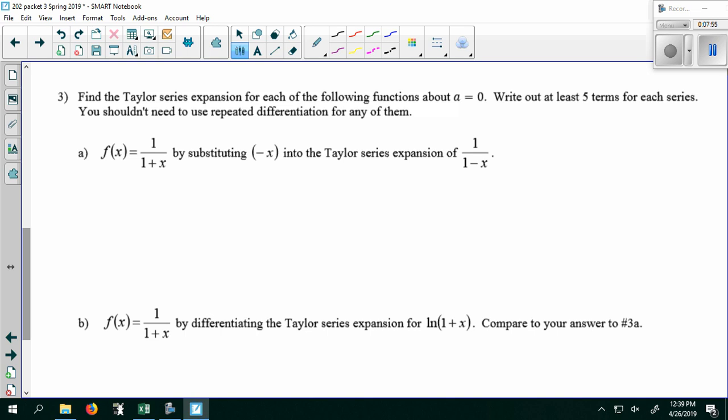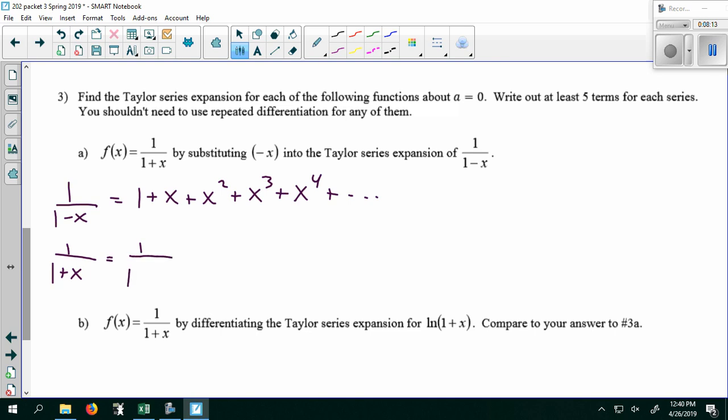So 1 over 1 minus x, its expansion is 1 plus x plus x squared plus x cubed plus x to the 4th plus dot, dot, dot. So 1 over 1 plus x, that is 1 over 1 minus negative x. So you'll see I'm just replacing this x with a negative x.